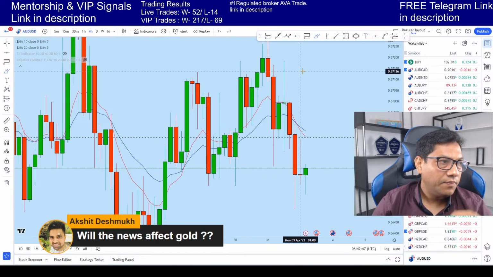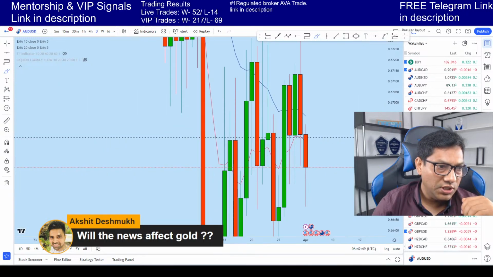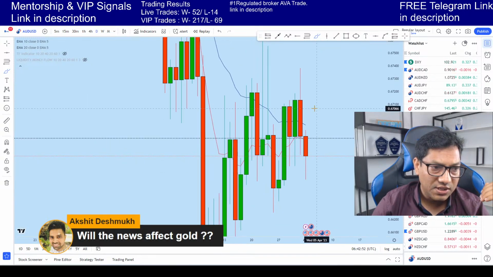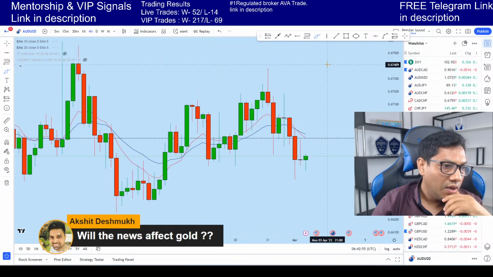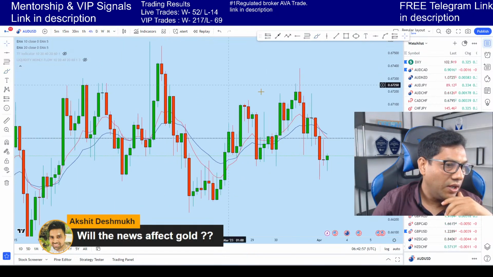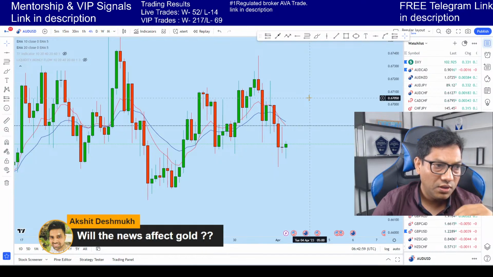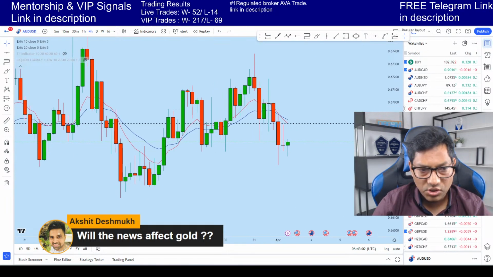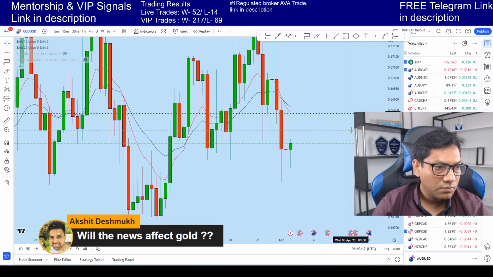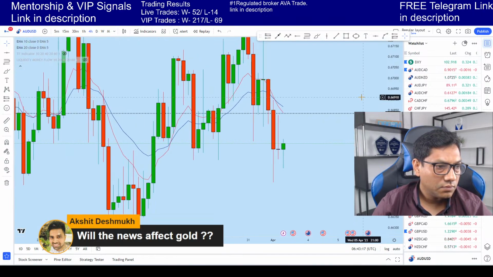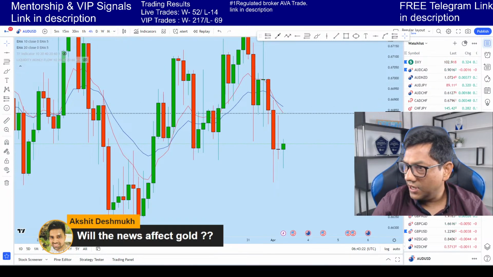So with that said, I will be waiting for AUD USD to give me a potential selling opportunity in the zone. So yeah, we'll be looking for a potential selling opportunity on AUD USD.